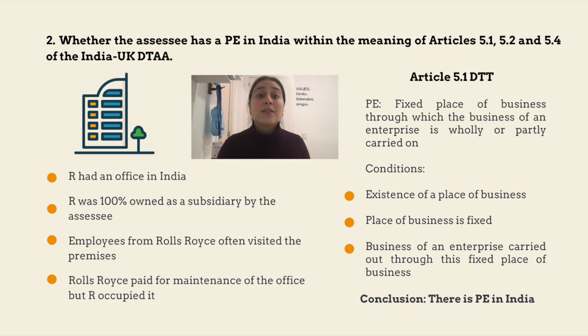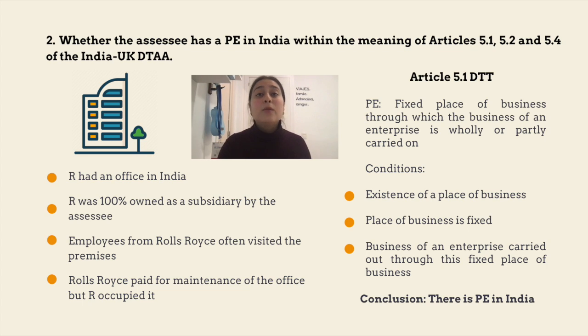Now, looking at Article 5.1 of the Double Tax Treaty, we see that a permanent establishment is defined as a fixed place of business through which the business of an enterprise is wholly or partially carried on. And there are three conditions. The first, that there is the existence of a place of business; that this place of business is fixed and has a certain degree of permanence; and that the business of an enterprise is carried out through this place of business.